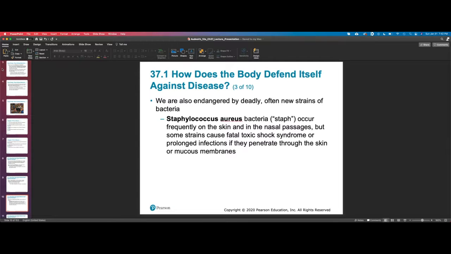So there are symbiotic relationships. You can have one where one party benefits and the other isn't harmed, and then you can have another kind of symbiotic relationship where both parties benefit. We have both of those cases as far as the microbes that colonize our skin and some of our mucus passages like our nose.